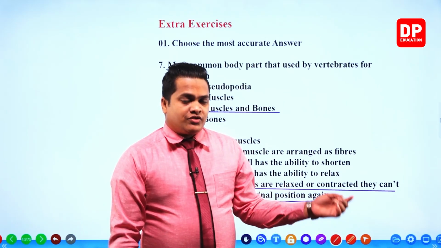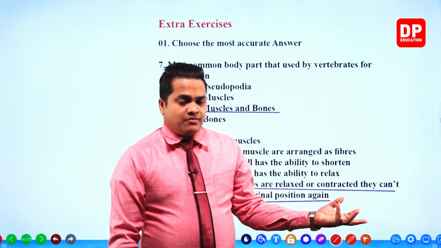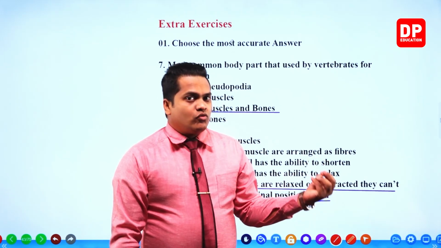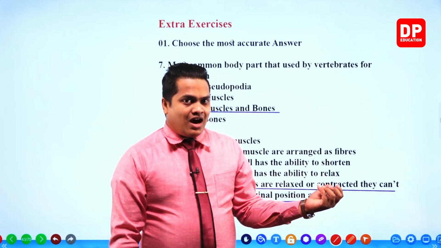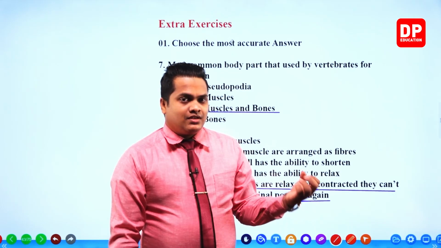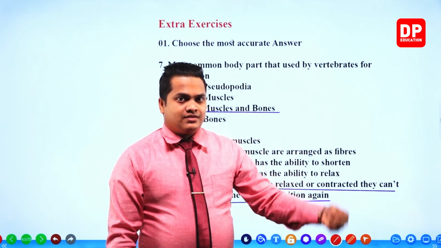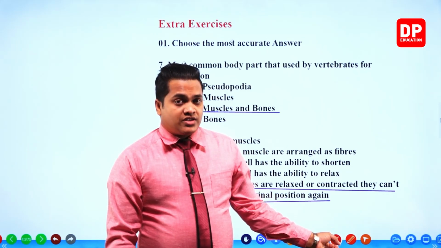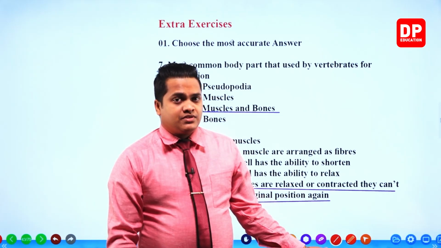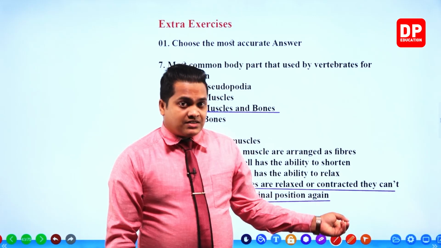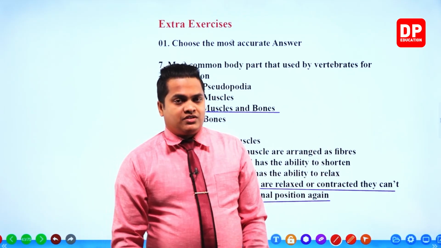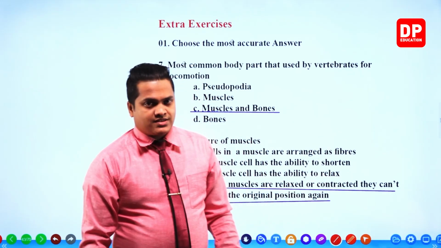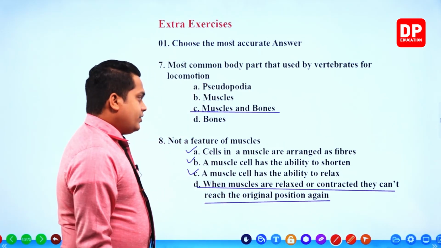The relevant muscle should travel once again to the original position, right? If you want to move your arms or legs here and there like this, okay? So this is not a special feature that can be observed within muscles. Muscles can move to the original position after contraction or relaxation, right?